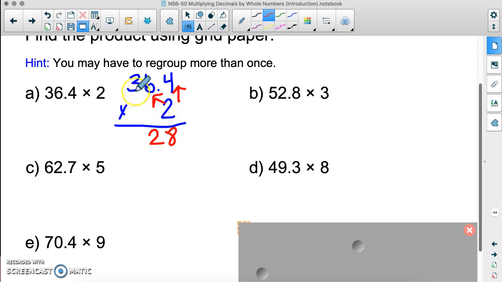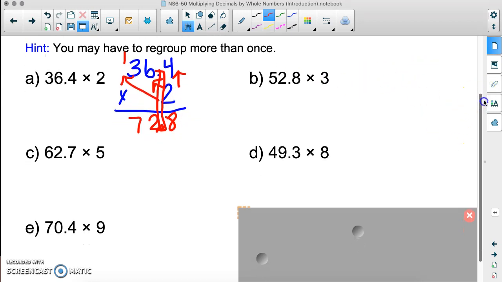I'm going to put the 2, carry the 1. 2 times 3 is 6, plus 1 is 7. Because the decimal is in the 10th place in the question, I'm going to put it right back in the exact same spot. So the answer is 72.8. I apologize, this is so hard with a mouse.